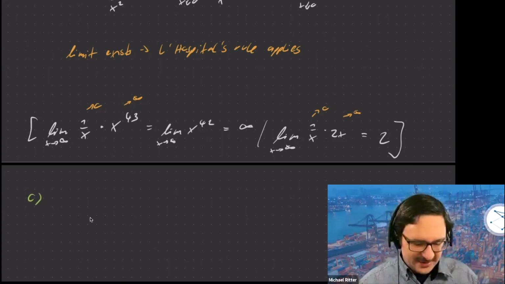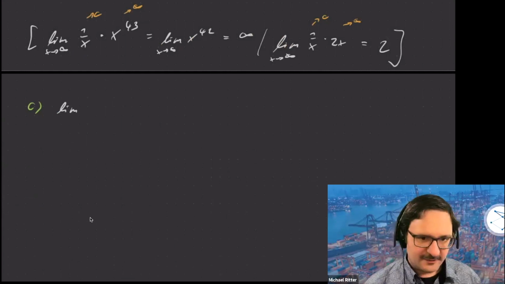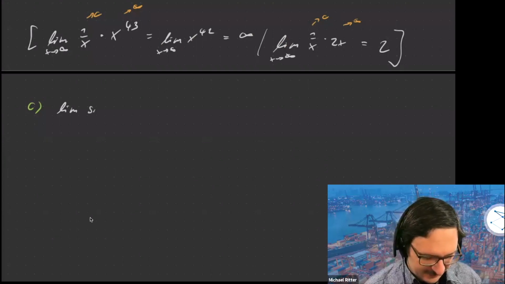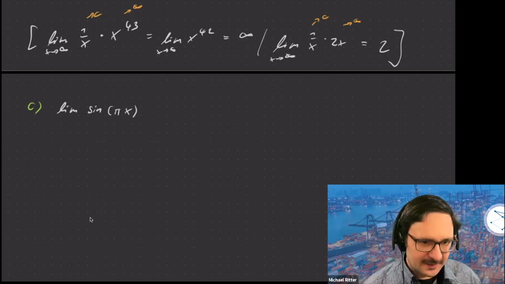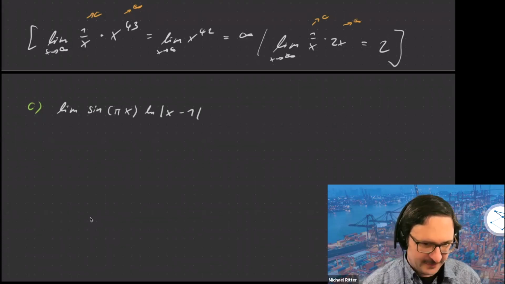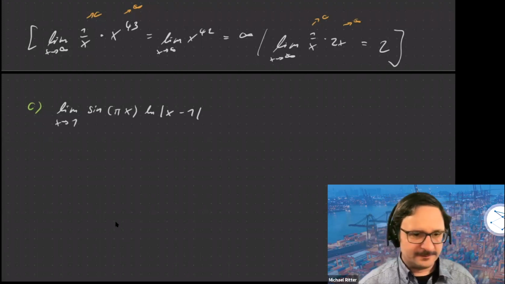So in C, we again have a limit. Let's write that down first. We have a limit of sine pi x times the ln of the absolute value of x minus 1 as x tends to 1.